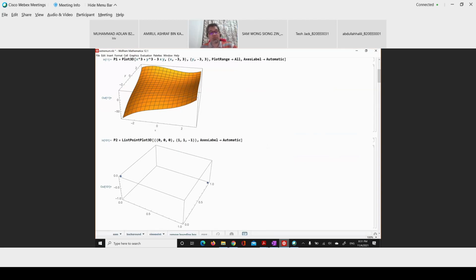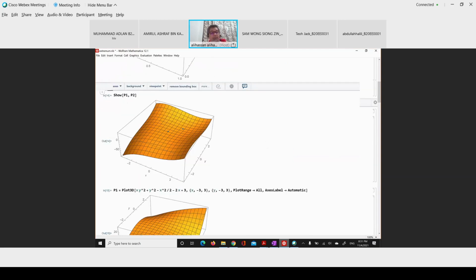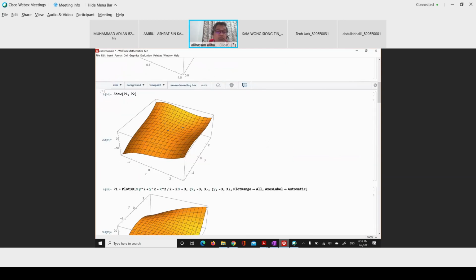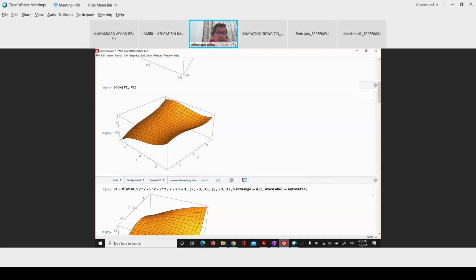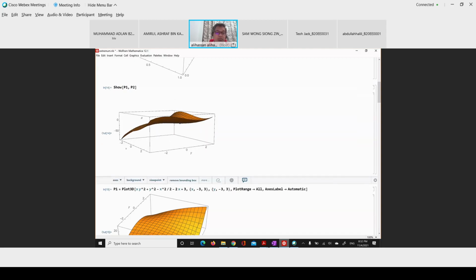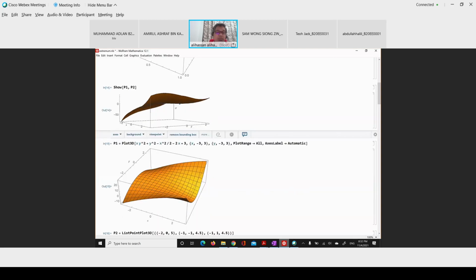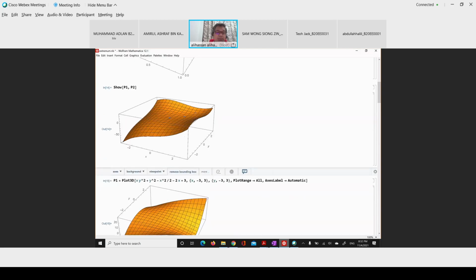Now I have plotted these 2 critical points also on the surface. So here is the saddle point, 0, 0, 0 is over here. And the other one is here. You can also rotate this to see why. Here it is a saddle point. Here it is a minimum point.